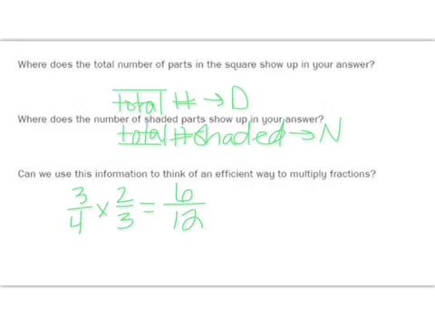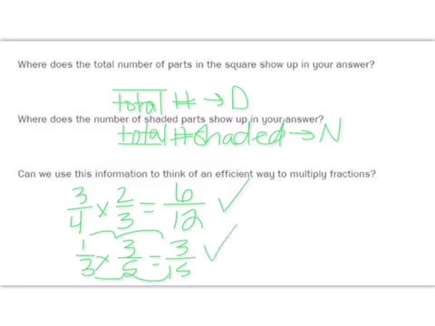So it worked for that one. Let's try another number model. Another one we had was 1/3 times 3/5 equaled 3/15. Well, 1 times 3 does equal 3, and 3 times 5 does equal 15. It works there. Let's try another one.